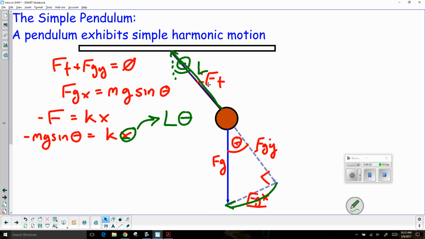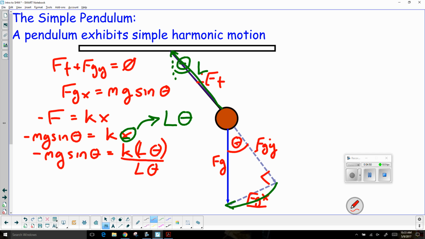So, rewriting what I just said, let's rearrange this equation one more time to isolate the spring constant. And what you will see here is a new expression for k.